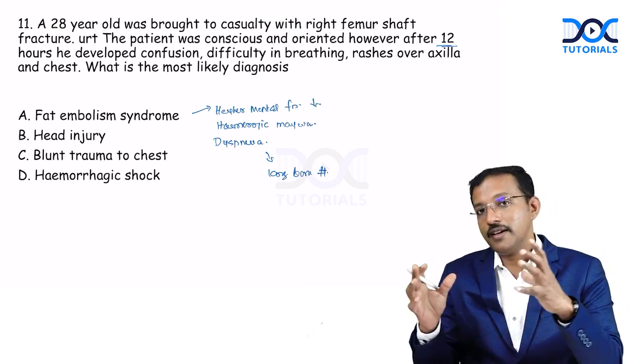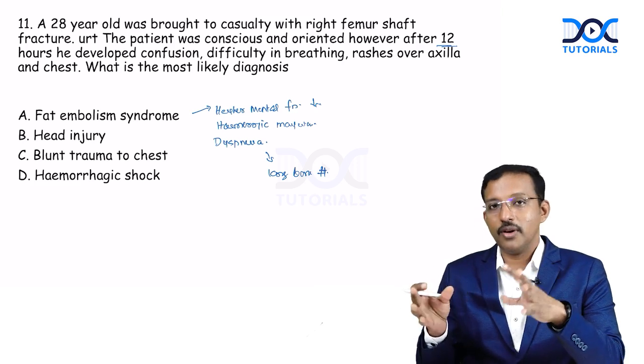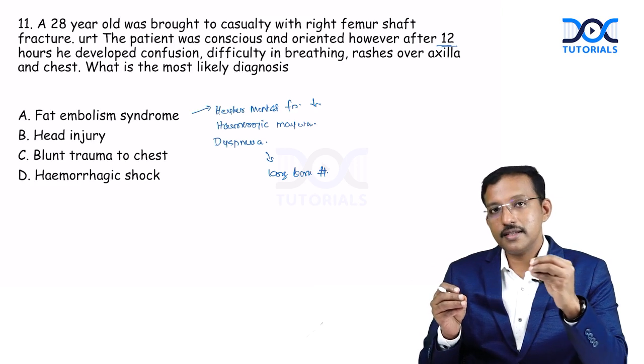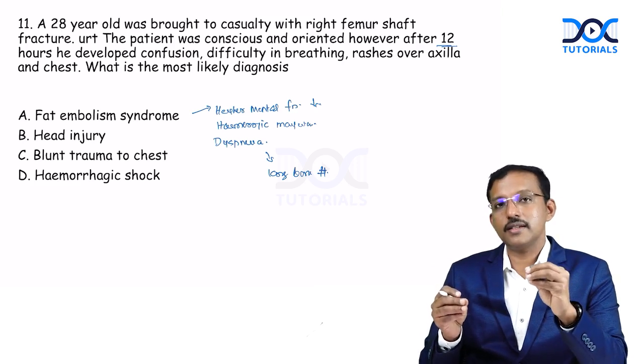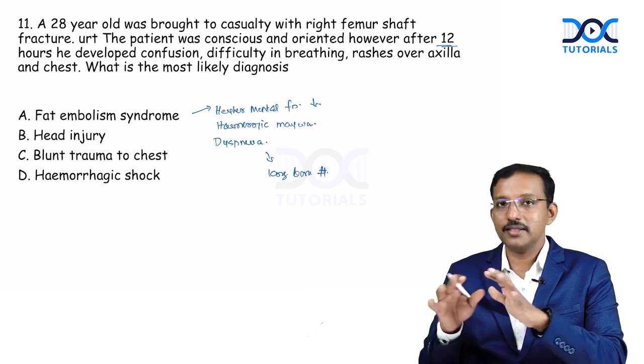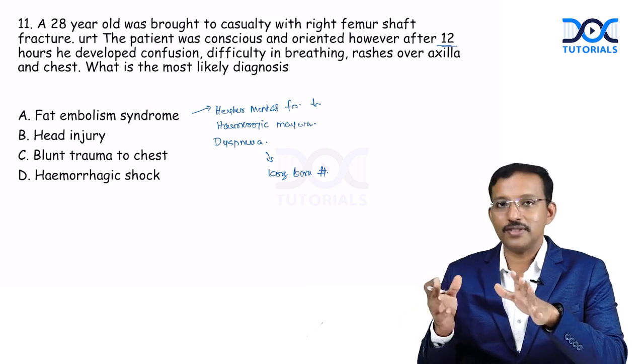It's a beautiful situation for fat to embolize. The fat can embolize into the blood, reach the microcirculation, occlude it, and produce all kinds of problems. This is how it happens in its pathophysiology.